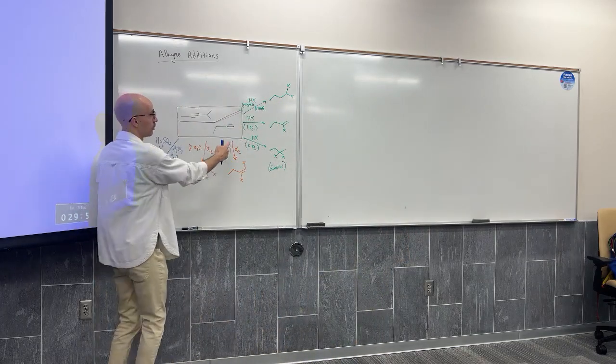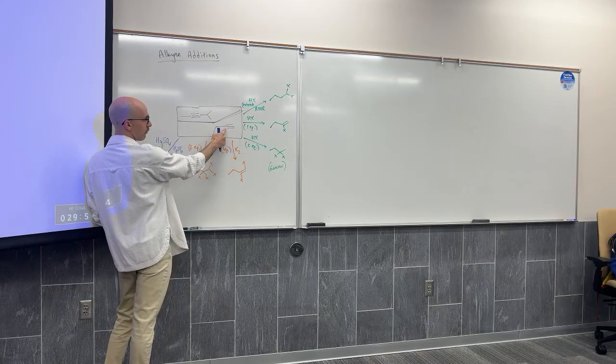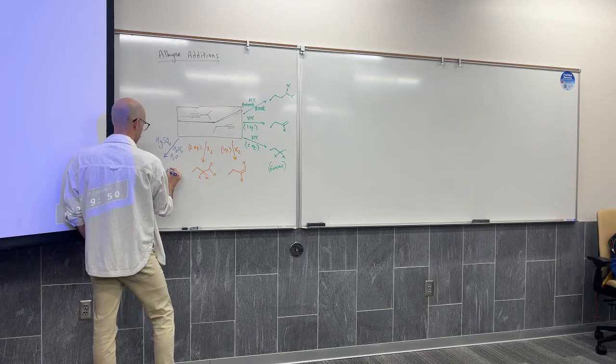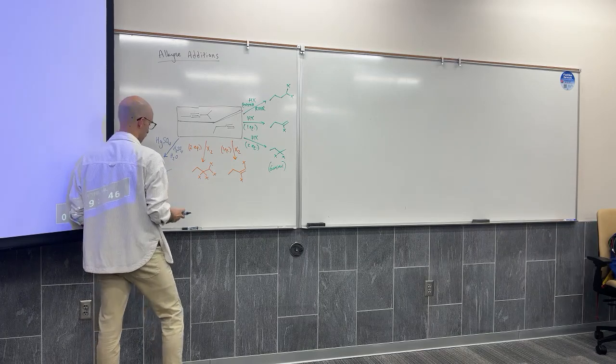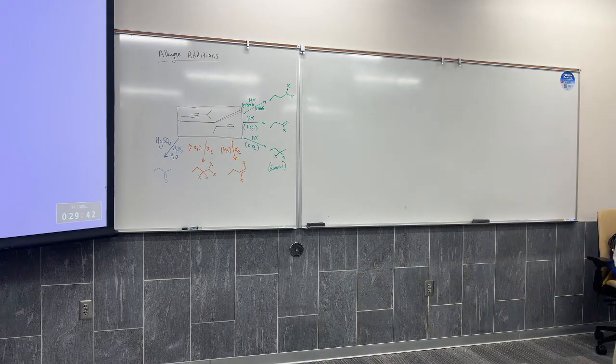So we're going to add 2 hydrogens to the less substituted side, and we're going to form a carbonyl on the more substituted side. What functional group does that give? Ketone. Every time. We can use mercury sulfate to make a ketone.